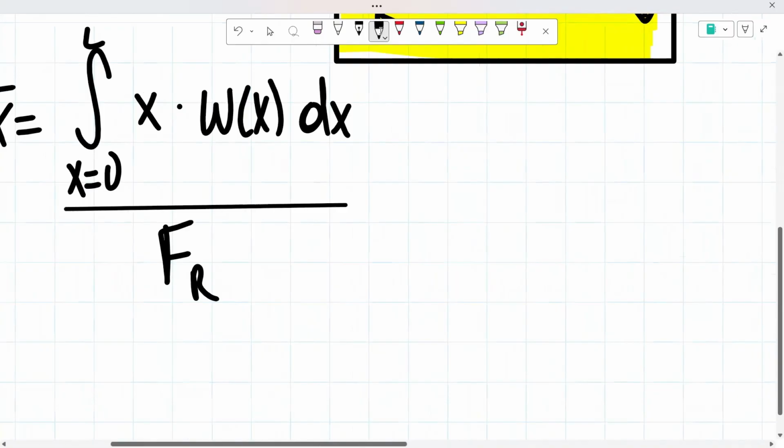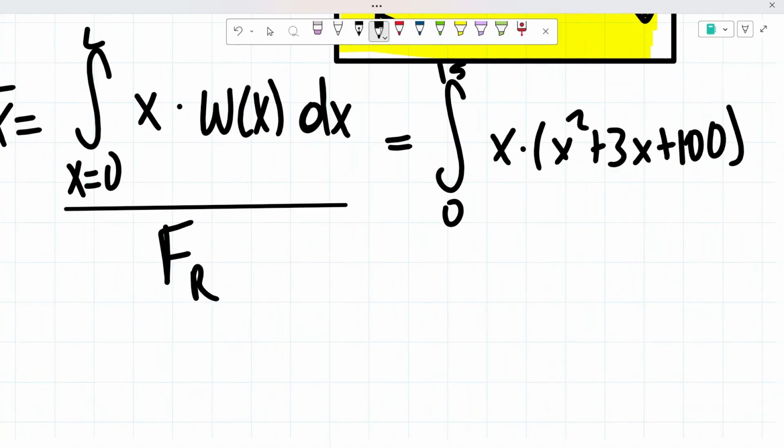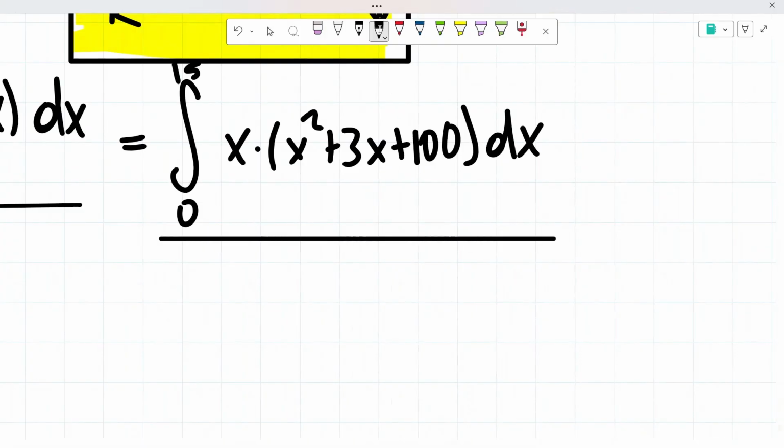So now we're going to plug in everything. 0 to 15, x times x squared plus 3x plus 100 dx all over our resultant force that we know is 2,962.5 pounds.